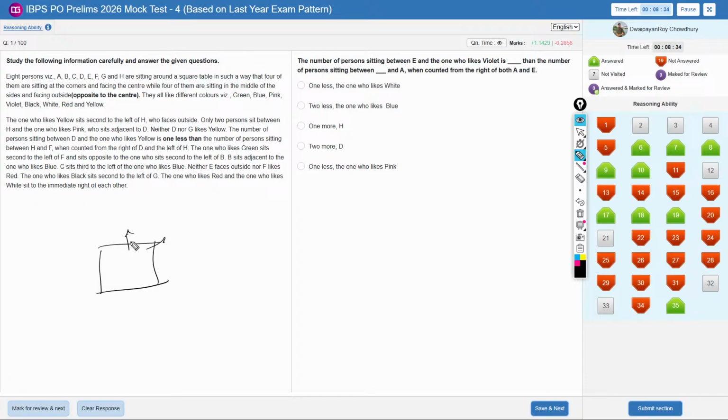Four middle facing outside. So middle outside, center inside. Inside, inside, inside, inside, out, out, out, and out.